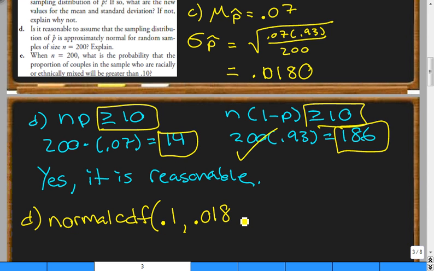Our mean is 0.07, and our standard deviation is 0.0180. The upper bound should be 1e99, whatever you would like. It just needs to be reasonably large because it's the upper bound.